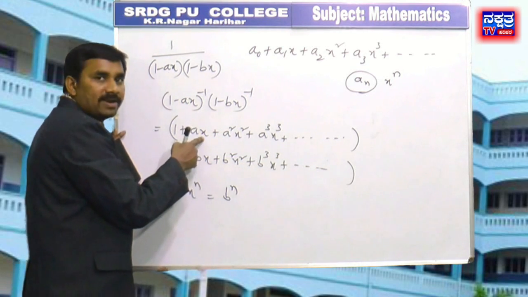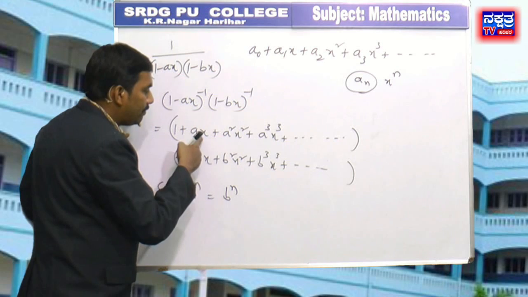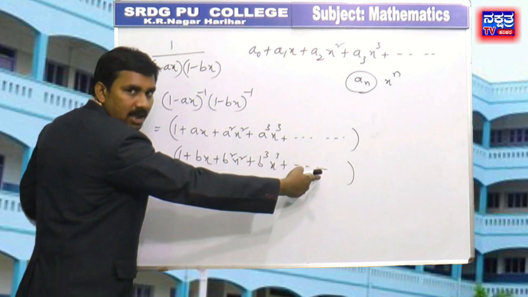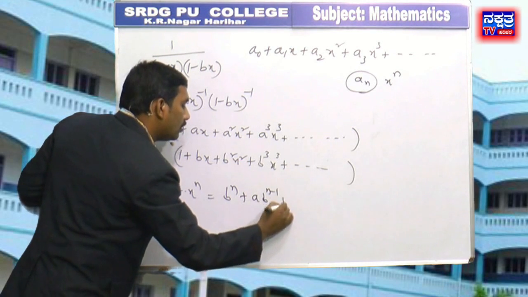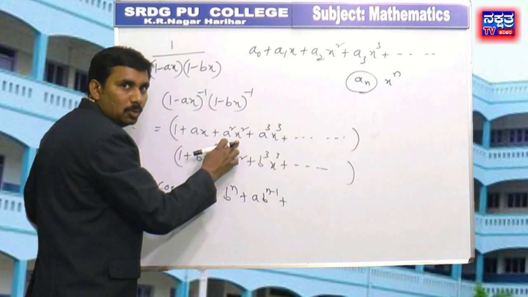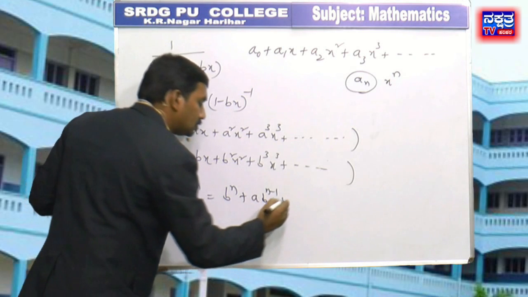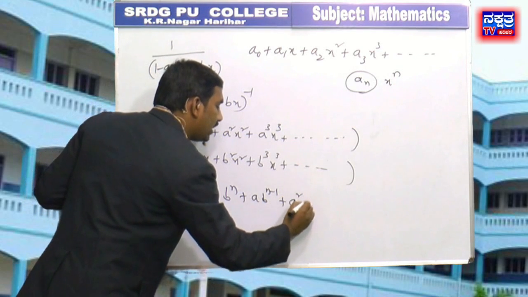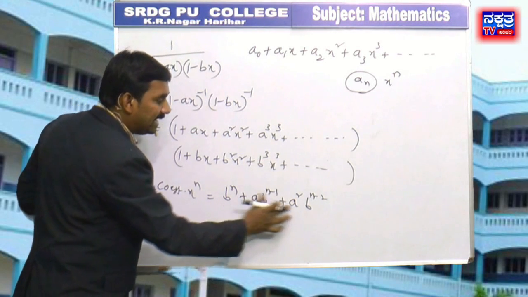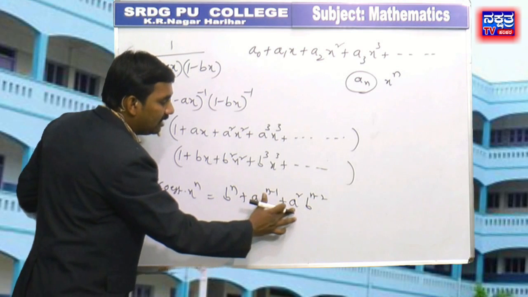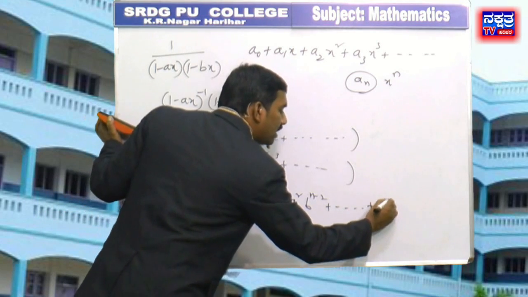Here x power 1 is there, multiply with the x power n minus 1 coefficient, then it will become a into b power n minus 1, plus a square x square into the x power n minus 2 coefficient b power n minus 2, so that is a square into b power n minus 2. If you observe here, the power of b is decreasing and the power of a is increasing. Hence, it will go up to a power n.